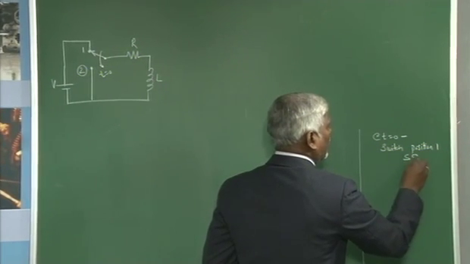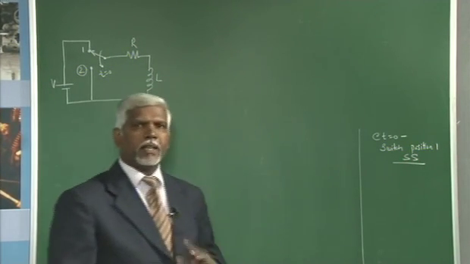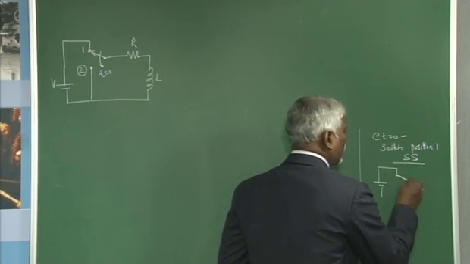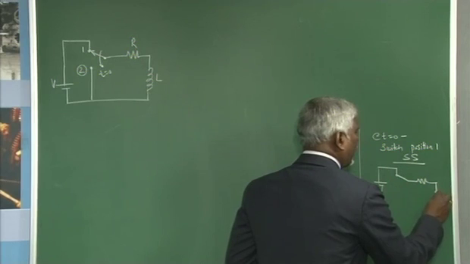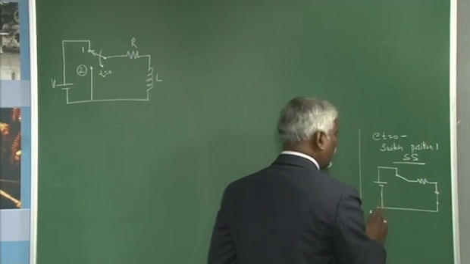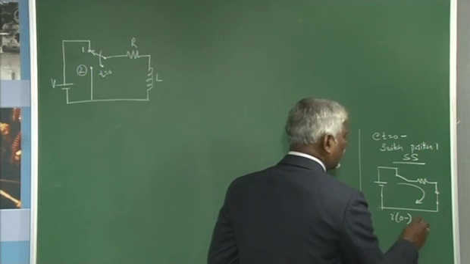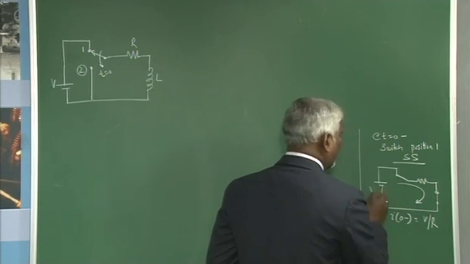Steady state has been reached, which means this will be the circuit. Switch is at 1, R, and the inductor will act as a short. So, what is the current through this? I at 0 minus will be V by R.